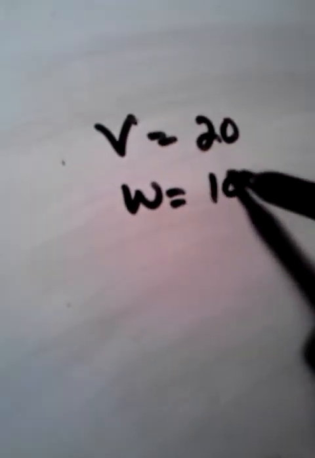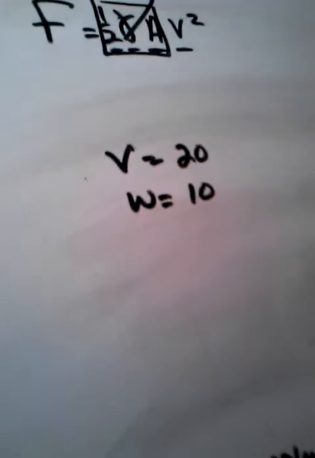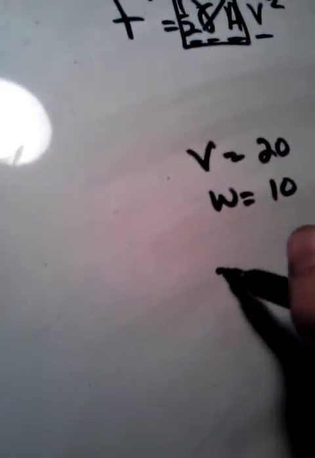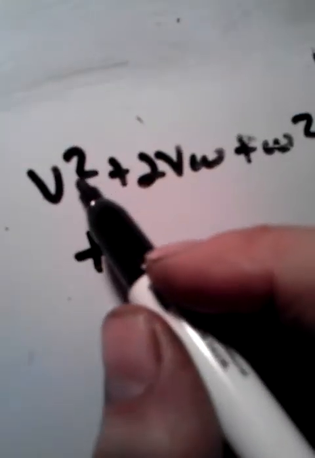Now let's look at this. Let's suppose that our velocity is 20 miles per hour, and let's say that the wind is 10 miles an hour. For the case of a headwind, that would be V squared plus 2VW plus W squared.